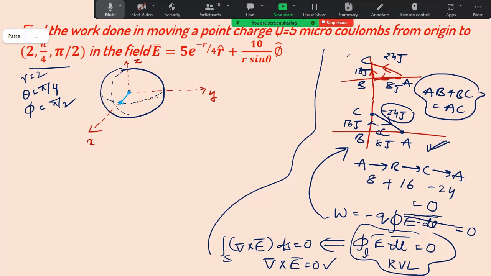You come up to the boundary of the sphere, and you are on the x-axis also. That means the charge is moving like that. So this one we can take as path 1.